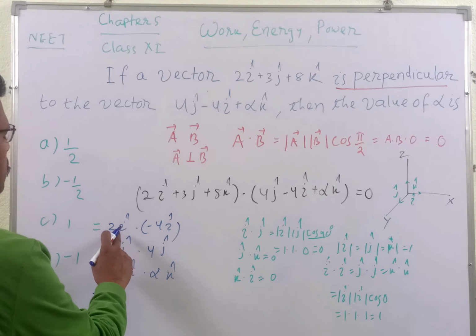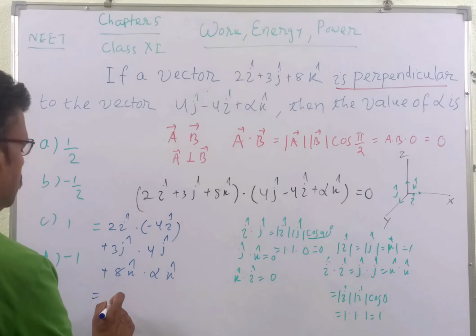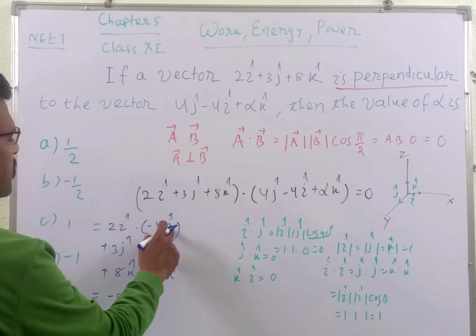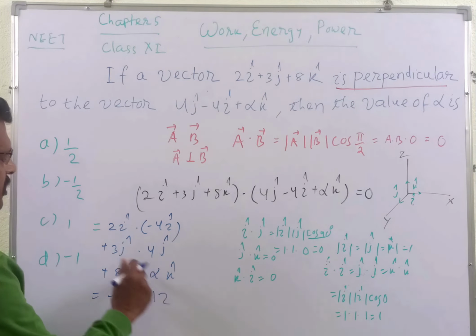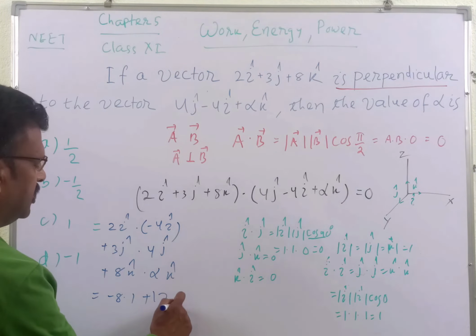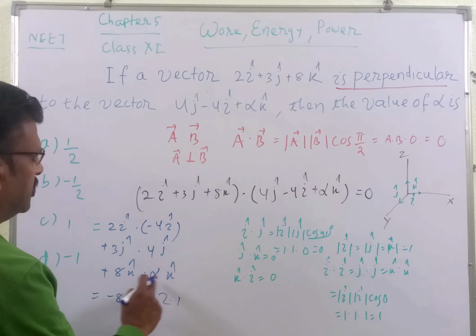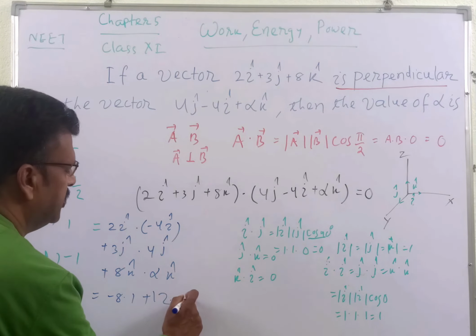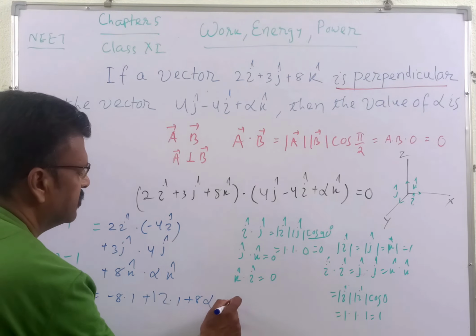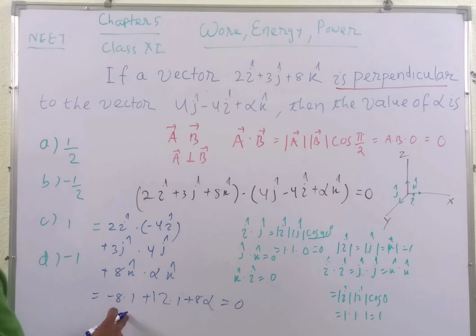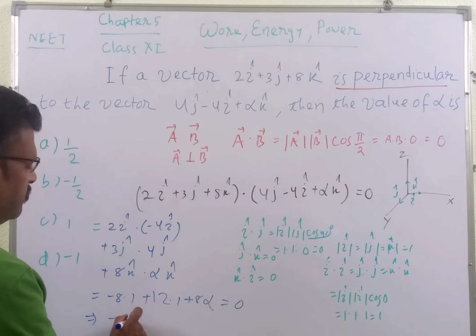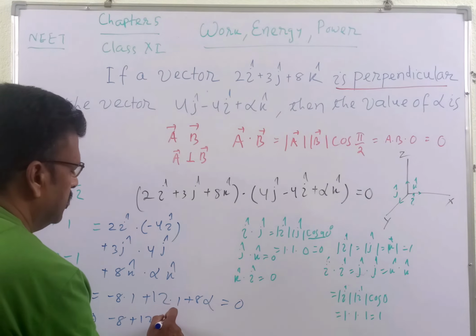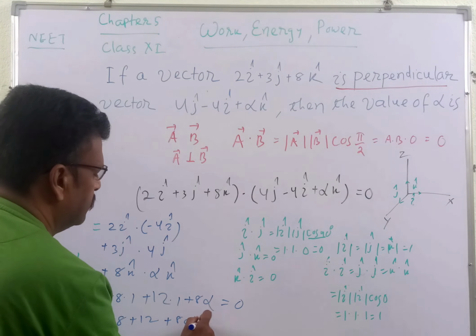And what is this? 2 into minus 4 is equal to minus 8, with i dot i equal to 1, plus 3 into 4 is equal to 12, with j dot j equal to 1, and k dot k equal to 1, and this is 8 alpha, and this is equal to 0. So, students, this implies minus 8 plus 12 plus 8 alpha is equal to 0.